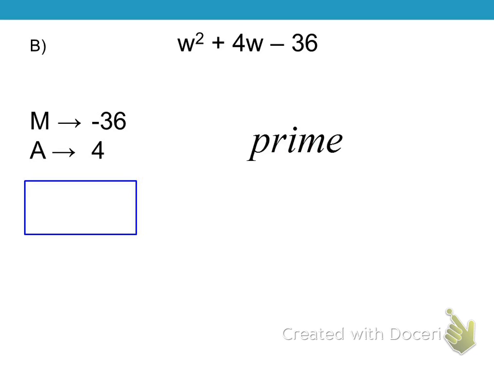Good. So if you go through the options and you don't find a combination that works, then we say it's prime. Just like a prime number, there are no factors besides 1 and itself. Same thing here. There are no factors that will multiply to give us w squared plus 4w minus 36. So we say it's prime.